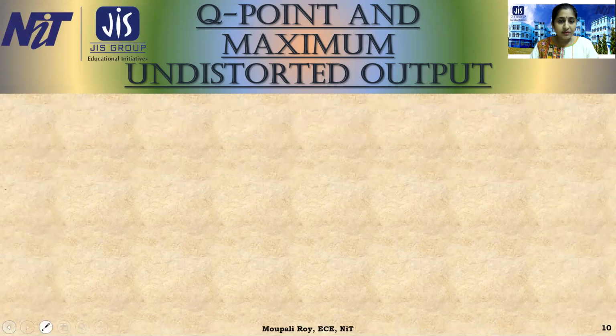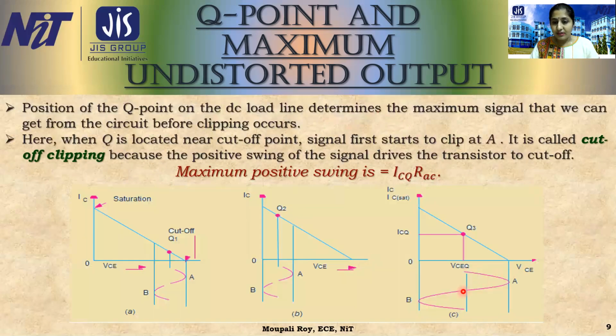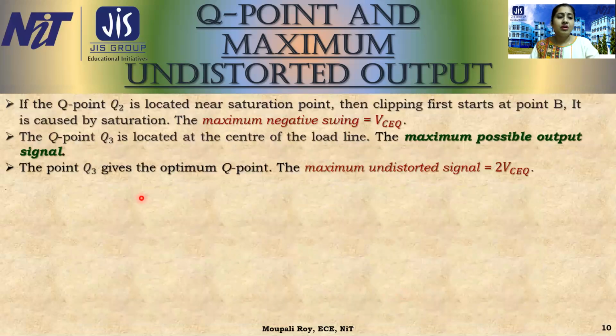The value of this one is VCEQ, and if we take this one and this one, the value is 2 VCEQ. So the point Q3 gives the optimum Q point, that is, the maximum undistorted signal is 2 VCEQ.